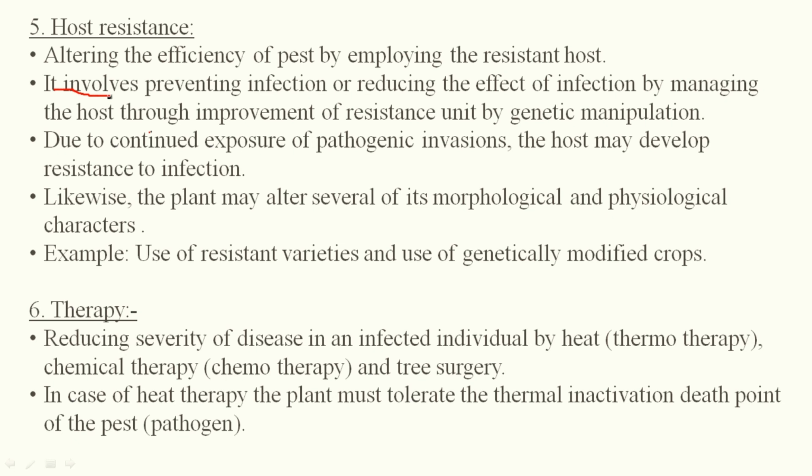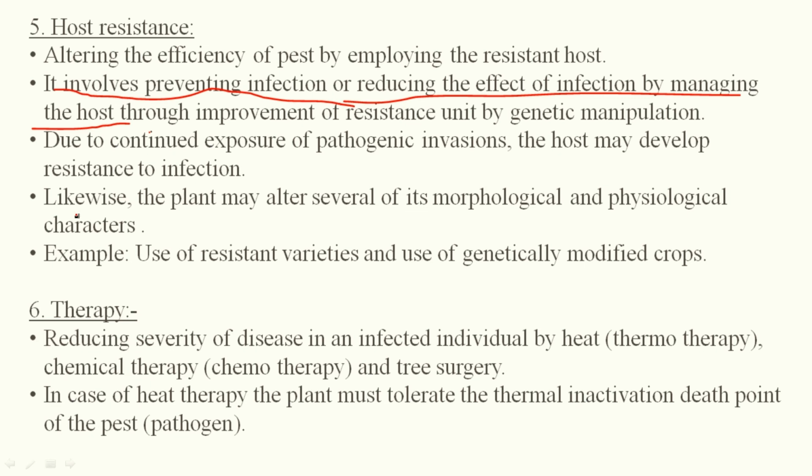Here what happens? This employing or the implication is involving what? Preventing the infection. The infection won't occur, or reducing the effect of infection by managing the host. Either it will totally resist or the effect of infection will be stopped.